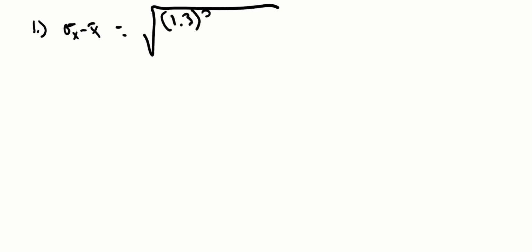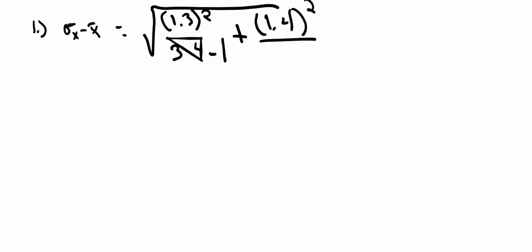So it's 1.3 squared divided by 324 minus 1, plus the standard deviation squared of the second sample, which is 1.4 squared over 317 minus 1.